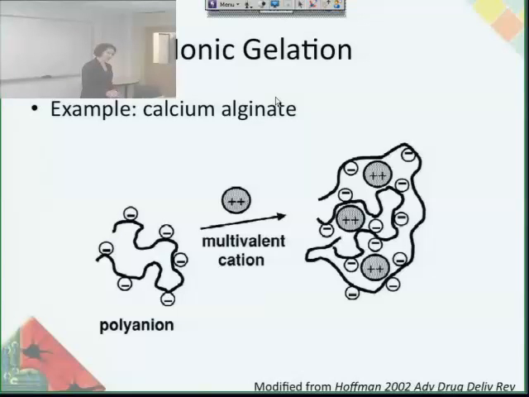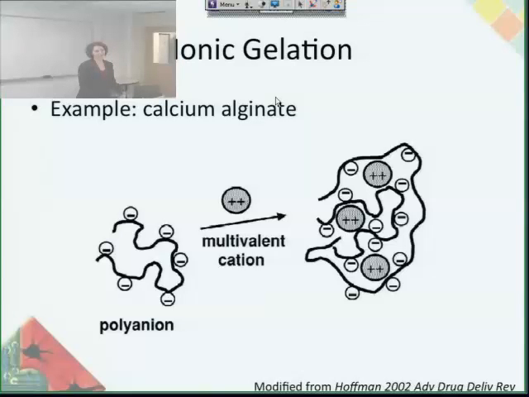These hydrogels are interesting because you have to assume that the ions are going to exchange with the ions in the body. So if this is something that you're going to implant, the ion composition might change, which would change the properties of the hydrogel. So that's why it's really important to understand the cross-linking of ionic hydrogels.